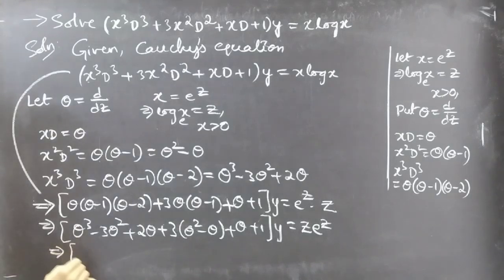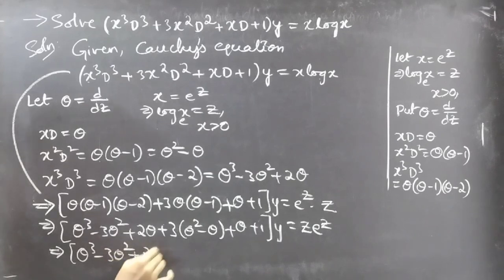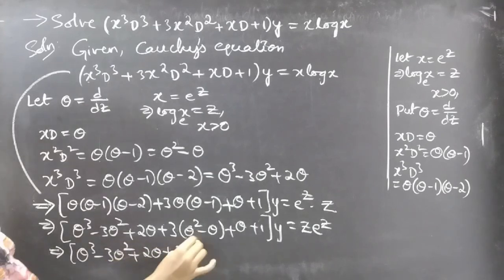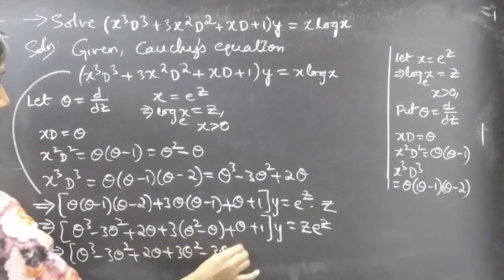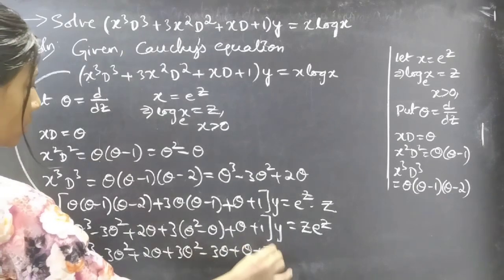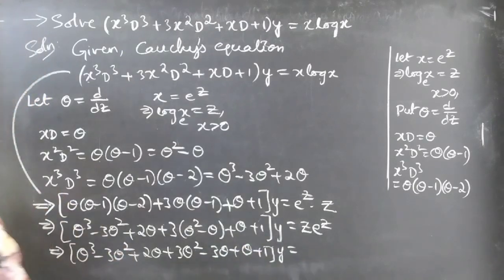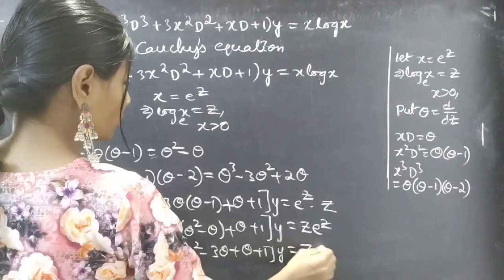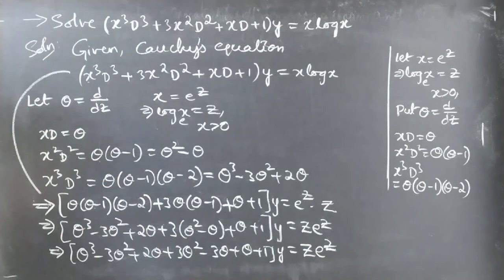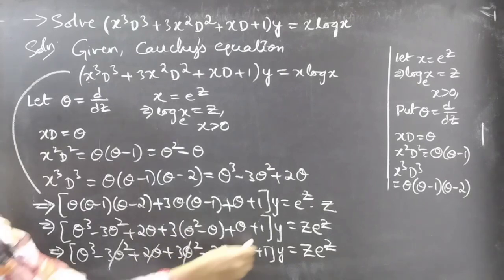Then theta cube minus 3 theta square plus 2 theta plus 3 theta square minus 3 theta plus theta plus 1 into y equal to z into e power z. Here minus 3 theta square plus 3 theta square gets cancelled. Also 2 theta plus theta is 3 theta, plus 3 theta minus 3 theta gets cancelled.